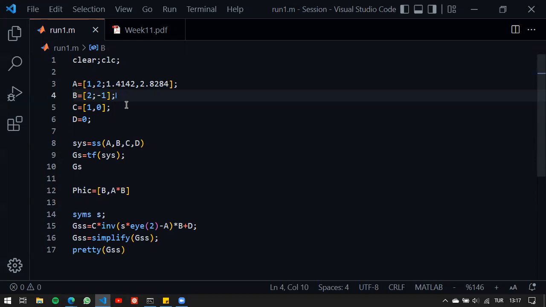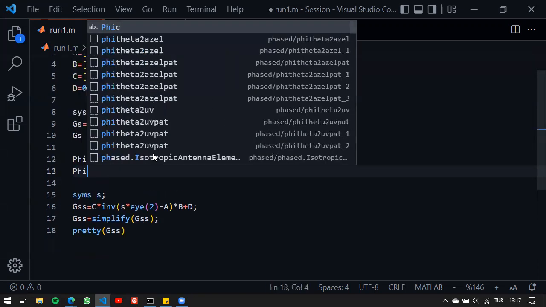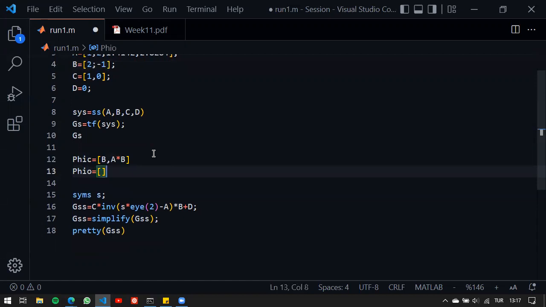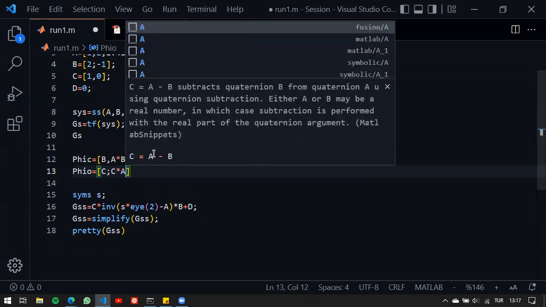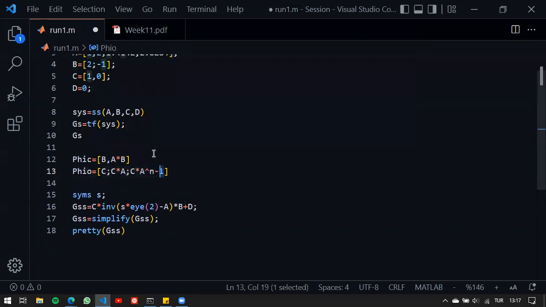I'll get just a first order equation in this case. I'll show that in a minute, but let me show you what the observability, which I've not really defined in this case, is. It is basically C times A to the power of n minus 1. Basically, again, a to the power of n minus 1 is the thing here.